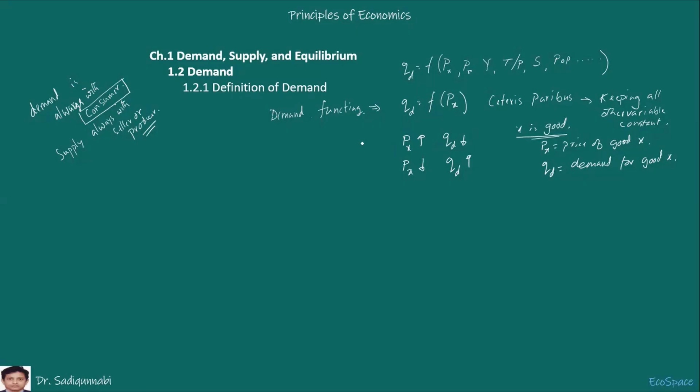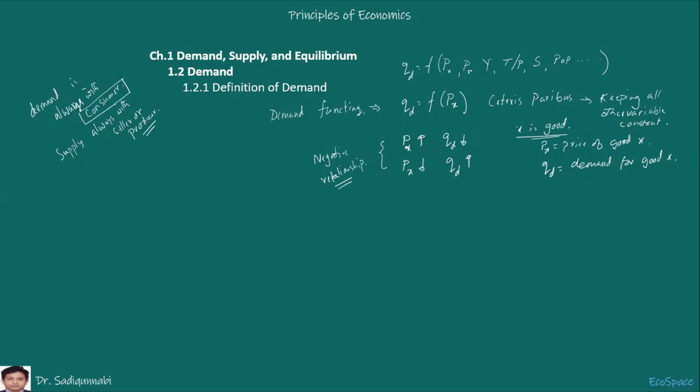That is the answer I wanted from you. So there is a negative relationship between price and quantity.